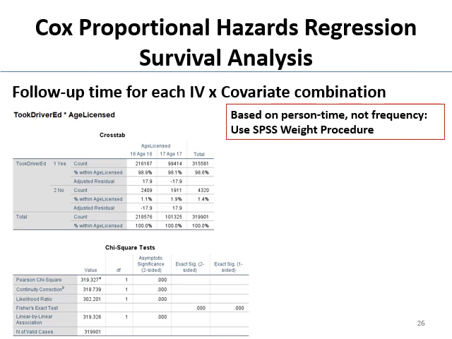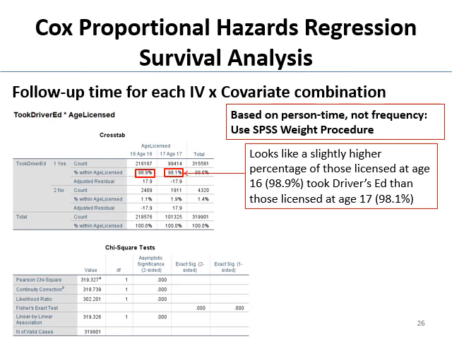Again, using weight, now we're looking at who took driver's ed or not, and it's just yes or no as a function of the independent variable, the age licensed. 98.9% of the 16-year-olds' person time was for people who had completed driver's education versus only 98.1% of the person time for 17-year-olds, so a lower percentage for driver's education.